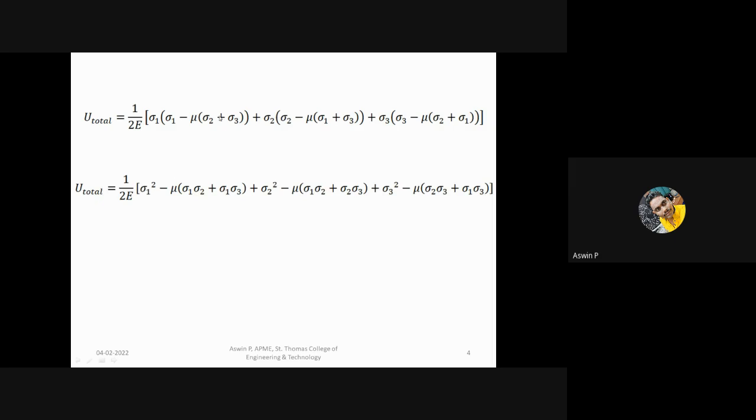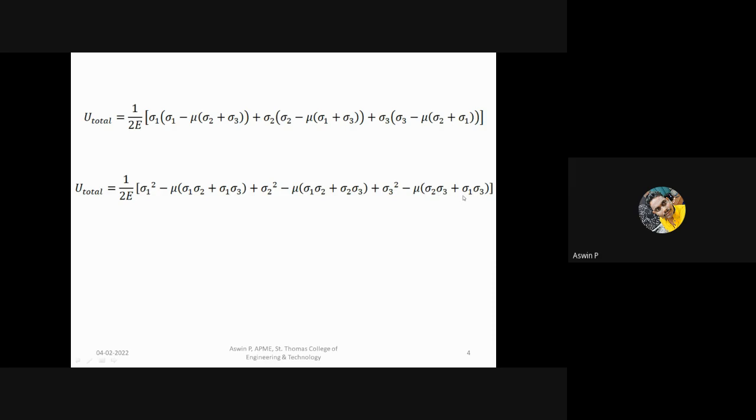You can compare the above equation with this one. When you compare, both equations are the same. You can see there is a mu into sigma 1 sigma 2 term here, and here also a mu into sigma 1 sigma 2 term. Similarly, the sigma 1 sigma 3 term appears twice, and sigma 2 sigma 3 also appears twice.